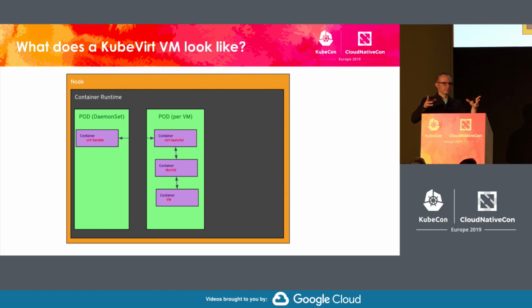You've got a sandbox namespace that these containers live in. You're going to have one that's your launcher. You're going to have an instance of libvirt itself. And then you're going to have your container running therein. So it's not really that complex. And you can just use kubectl describe and see, boom, boom, boom. There's all your pieces that you've got running.